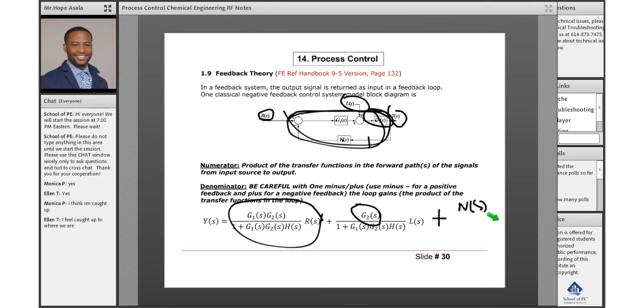Okay, so just remember, when you have things in series like this, the effect on the numerator is that you have to multiply them together. That's why you have this here. And when you have an input disturbance that affects just one of them, that's something you're only going to see in the numerator, just as in this case.